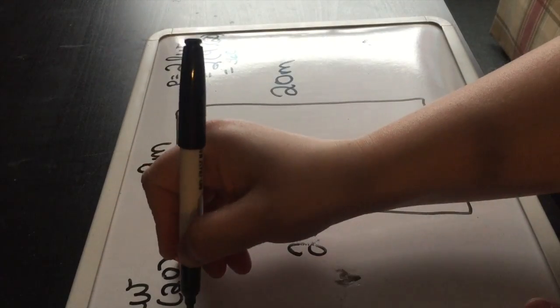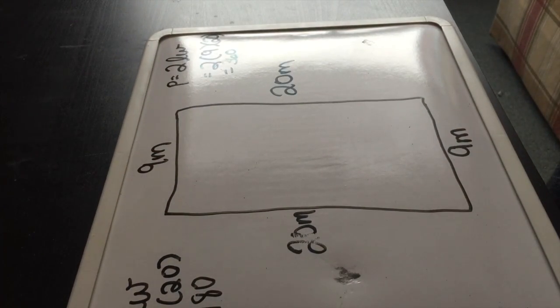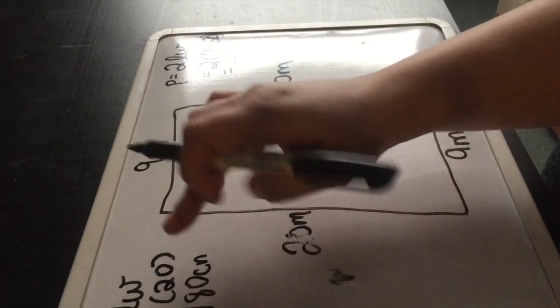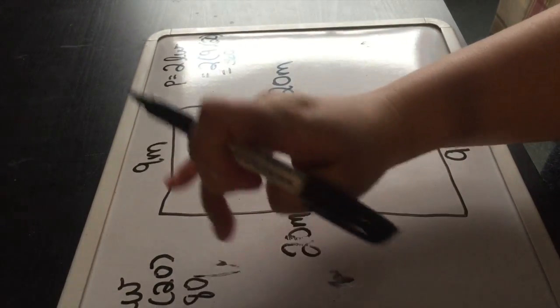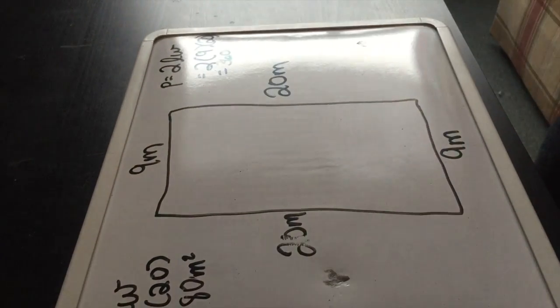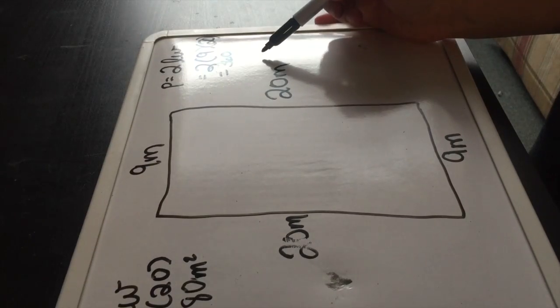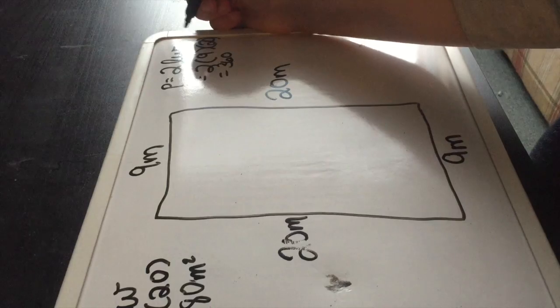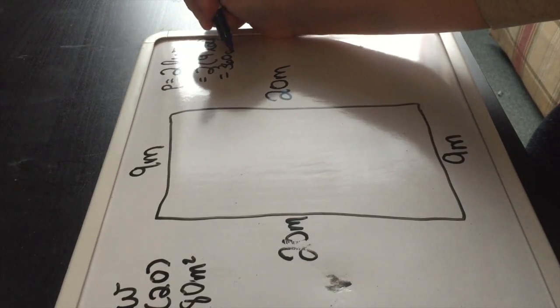All you have to do is add a 0. So for area, we know that it's 180 meters squared. For perimeter, we know it is 360 meters.